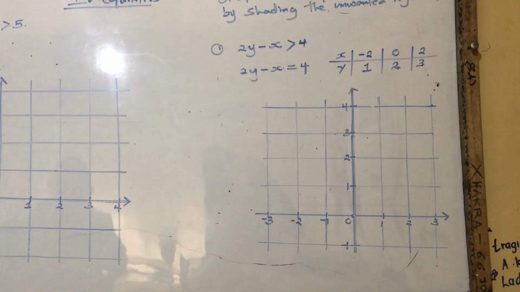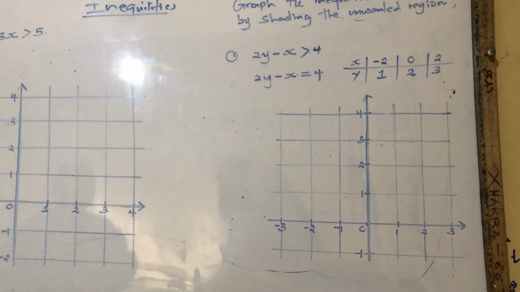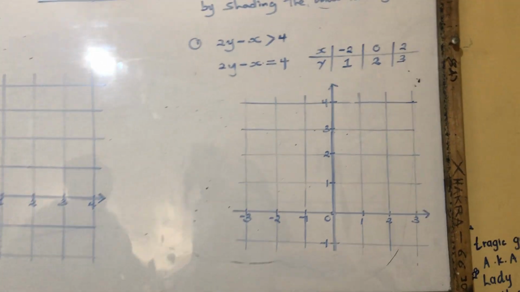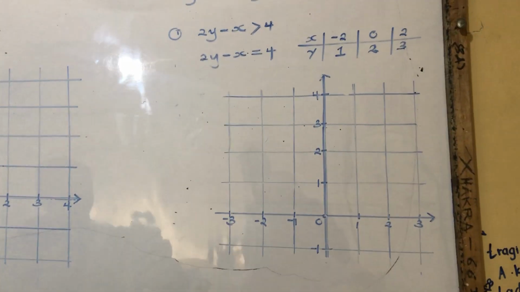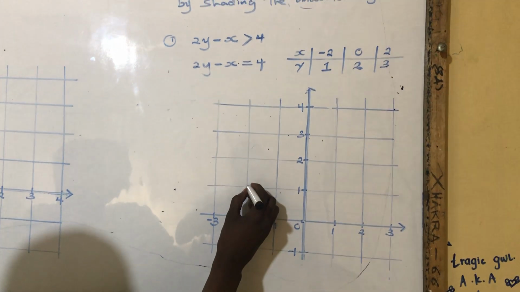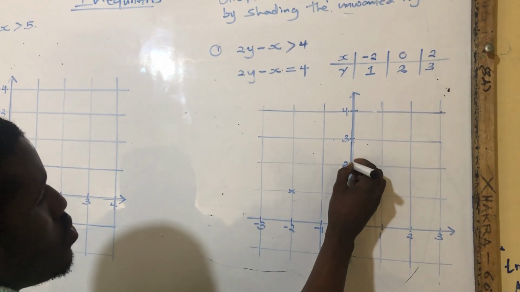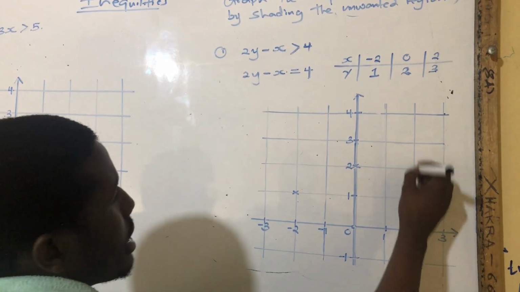What will we do after this? The values in the table will then be plotted. Negative 2 against 1, 0 against 2, then 2 against 3.